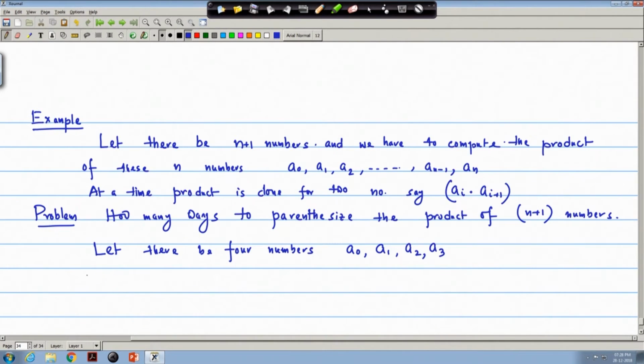Like I can parenthesize A0, A1, then A2, then A3. Then I can do A0, A1, A2, then A3.